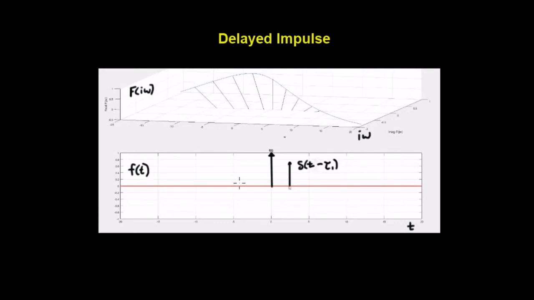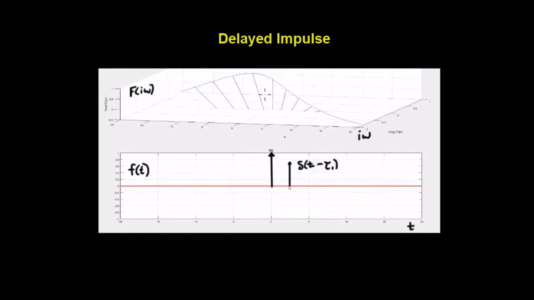Now, if we had just been looking at delta(t), which was sitting at the origin, then this would be a straight line. So we just have a straight line going on from minus infinity to plus infinity. So we'd have every single frequency of the same amplitude. Now, whenever we delay that impulse, the effect of delaying it has the effect of adding linear phase onto the frequency domain equivalent.